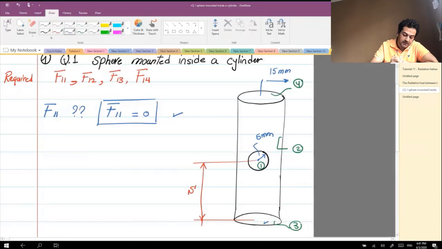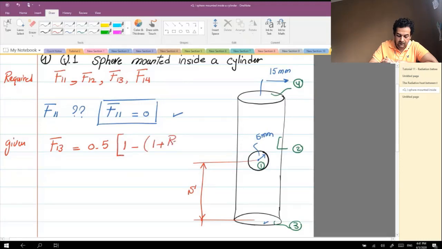Sorry, I didn't mention that. Given F13 is an equation: 0.5 times (1 minus (1 plus R3 squared) to the power minus 0.5).